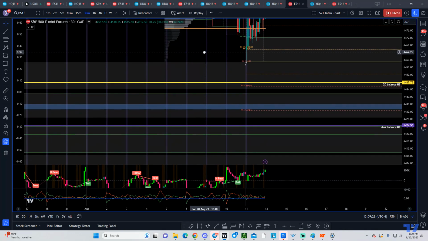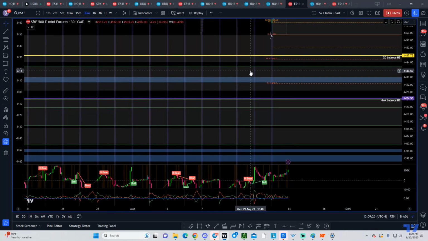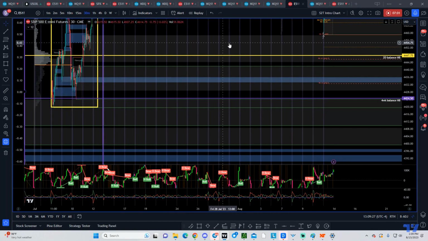And then 17. So 17, I think there's a lot of poor structure here. And if we were to break below all this area here, 17 is the low of this session, which happens to be the prior 4 week balance halfback zone, which is in the top of this portion here where 44.24 is. 17 is the middle of that.